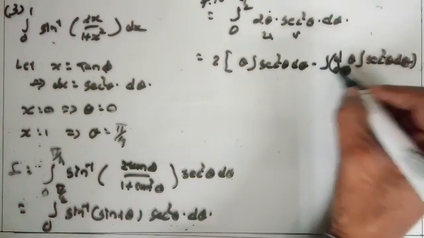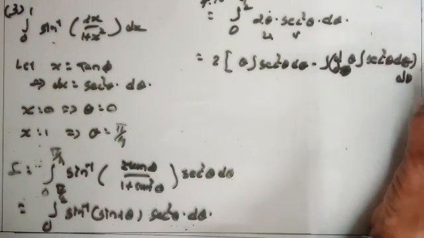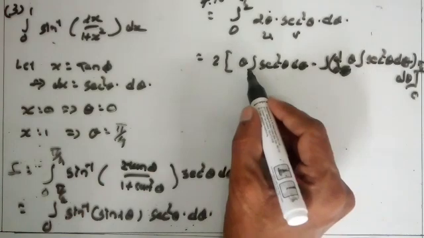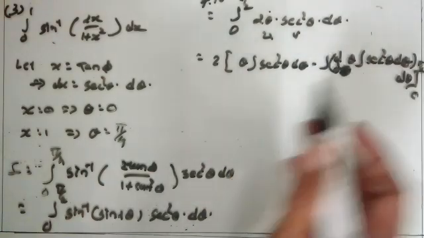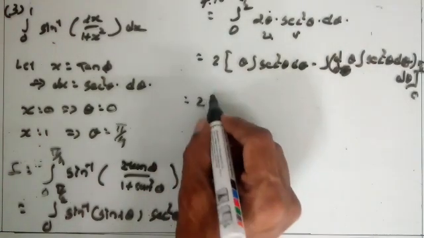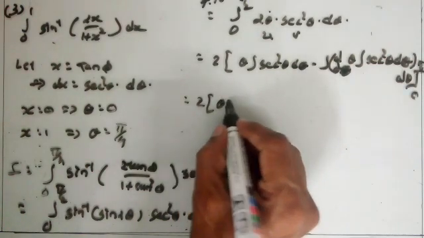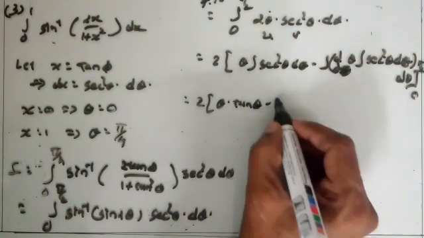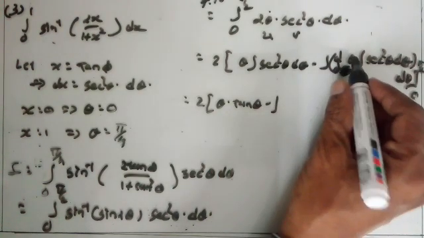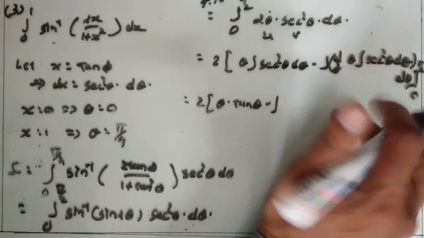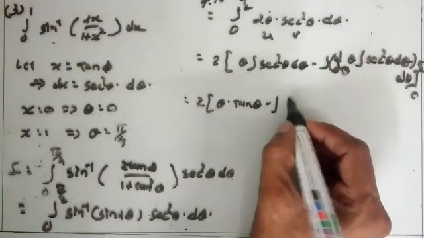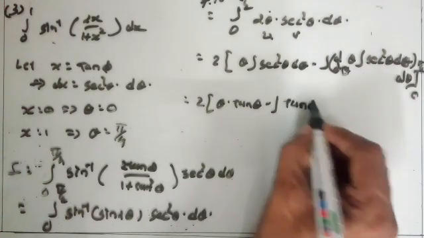whole d theta, and the limit 0 to pi by 4. Clear? Apply the limit 0 to pi by 4 here and here. So it is equal to 2 into theta times the integration of sec square, which is tan theta, minus the integration of the derivative of theta with respect to theta, which is 1, into the integration of tan theta d theta.